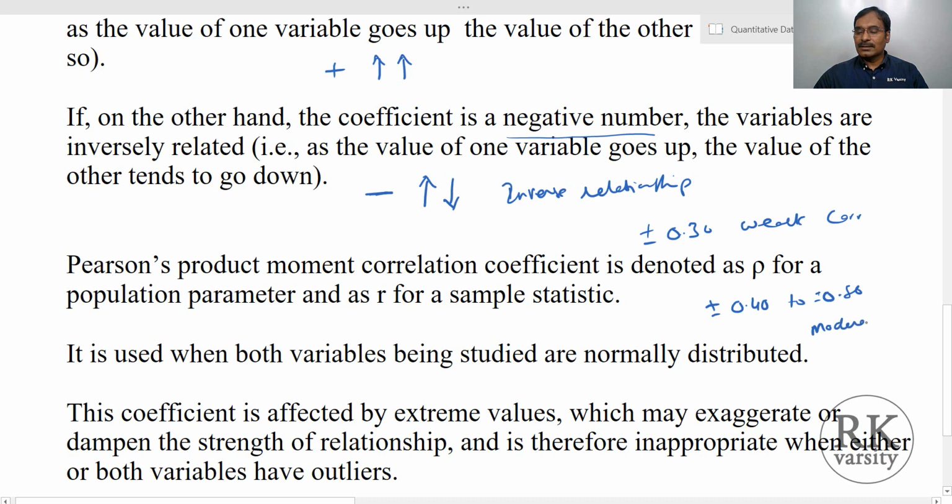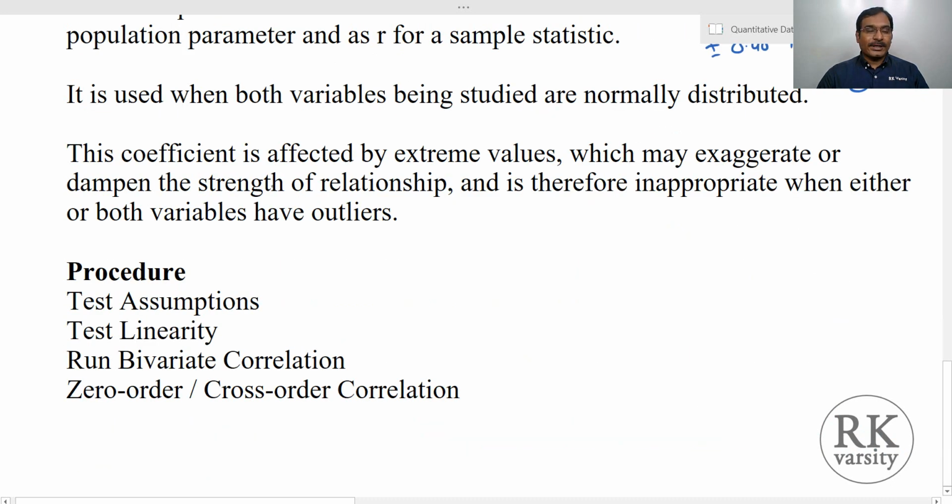An important aspect in a correlation is that this coefficient is affected by extreme values, that is, outliers. So if you have outliers in your data, this will impact your correlation value very significantly, which may aggravate or dampen the strength of a relationship between two variables.